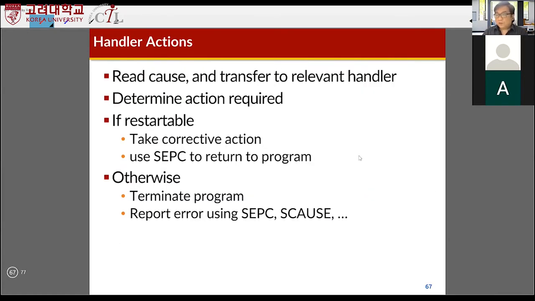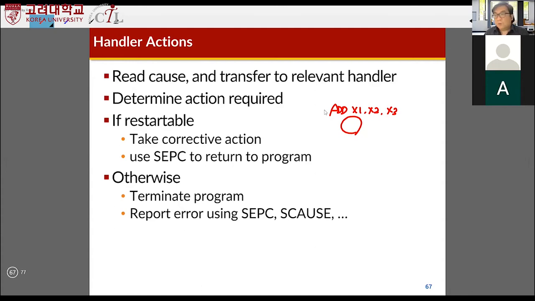And so you need to remember how the exception is handled in the processor. An exception can happen at a certain instruction, for example, add x1, x2, x3.